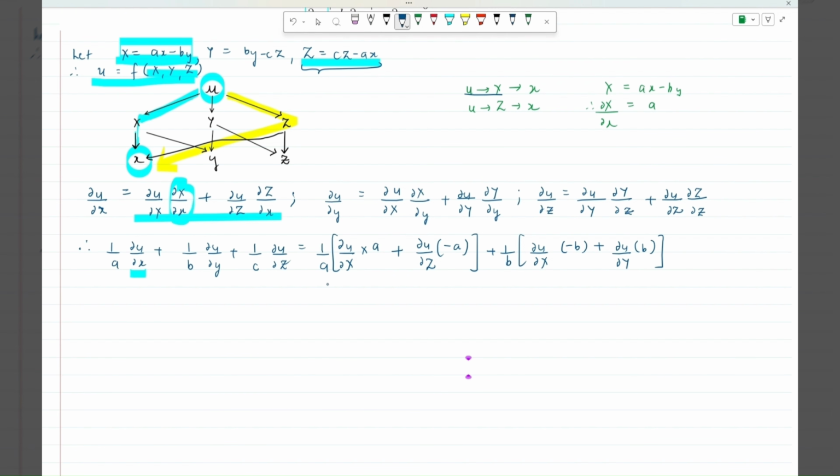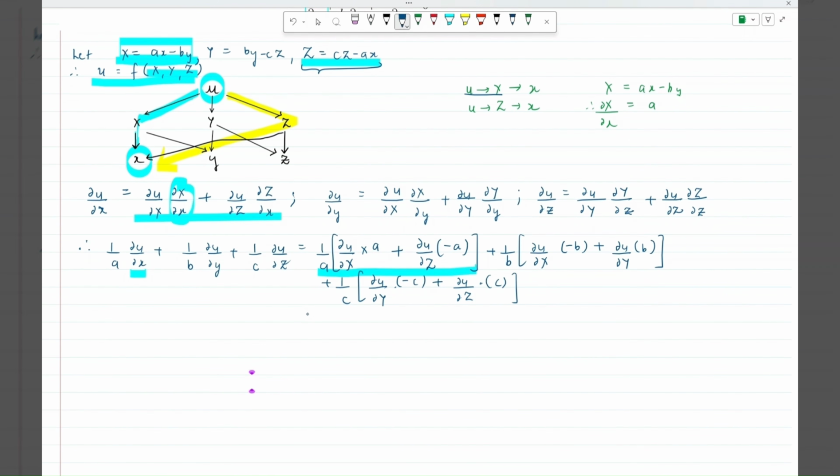And then the third term 1 by c, del u by del y stays as it is. Then we need del y by del z, which is going to be negative c, and then plus del u by del z into del z over del z, which is going to be plus c.